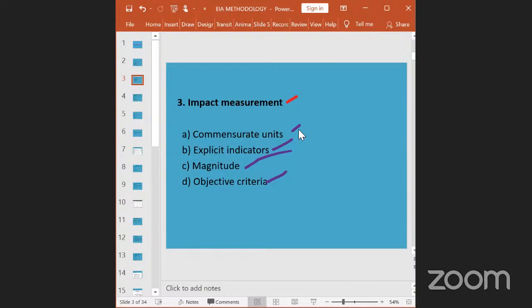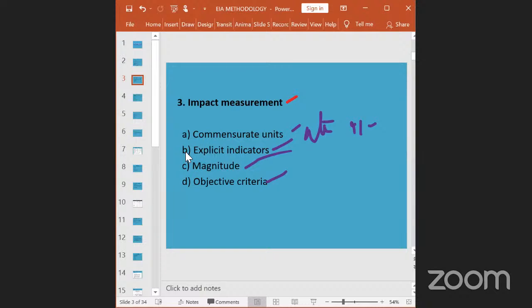It should have a set of commensurate units so that comparison can be made between alternatives and criteria, right? So this is the comparison between alternatives and criteria.